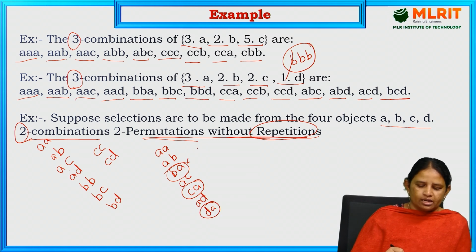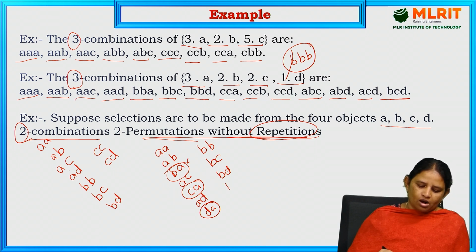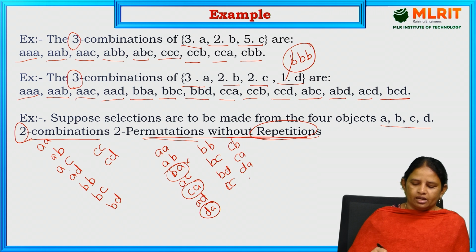Next, BB, BC, BD, after that CC, CB, then CA, DA, DB, DC, DD.